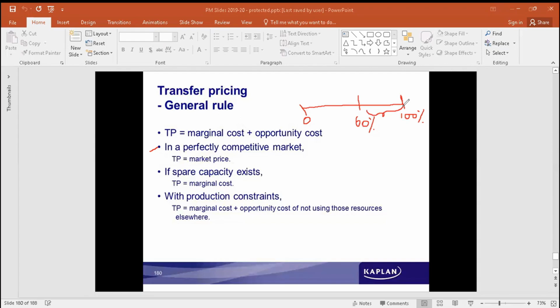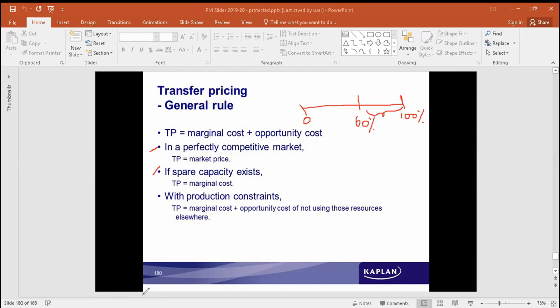If there are production constraints, which means they are already operating at 100% capacity, this is the second case. Then, to accommodate the internal department, some of the products already produced and sold to external customers will be cut down, and those resources will be used to produce units that can be transferred to the internal department.